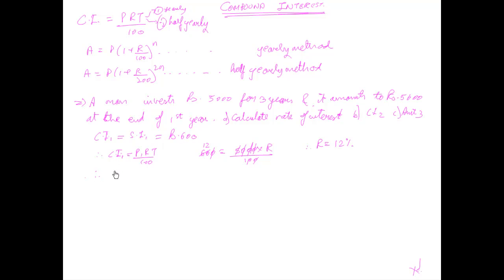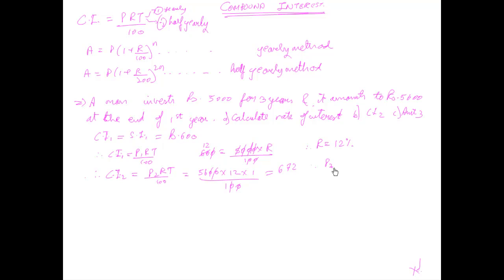Now children, they've asked us for compound interest for second year. So children, CI2 would come out to be P2 RT upon 100. That's principal for second year 5,600 rupees, rate 12, into time, which is 1, upon 100. This cancels and you're left with 56 times 12, which is rupees 672.